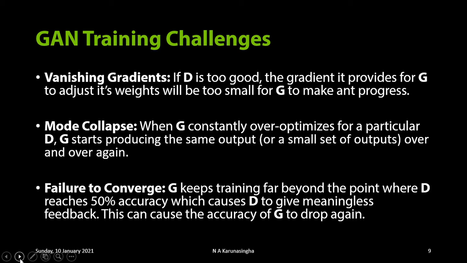And then we come to a third challenge, which is called failure to converge. In this situation, the generator keeps training far beyond the point where the discriminator reaches 50% accuracy, the convergence point.